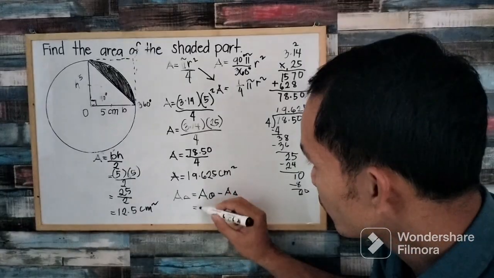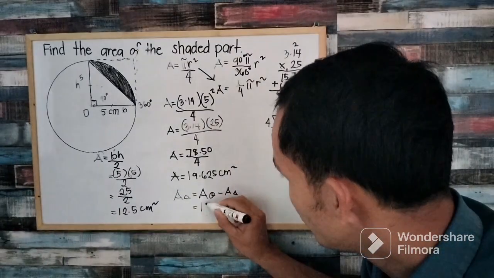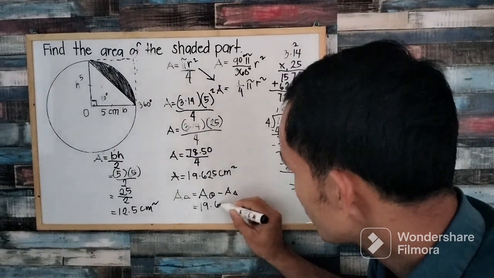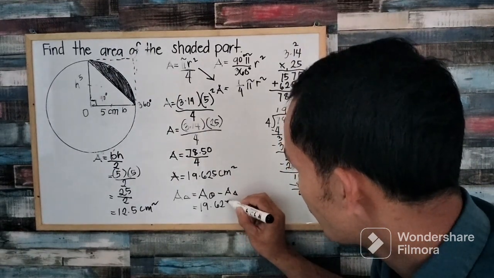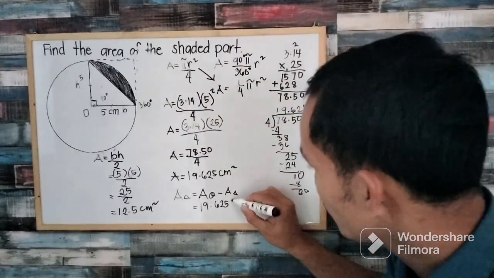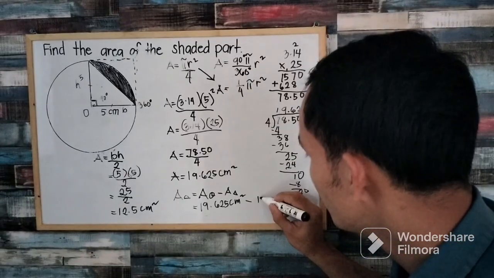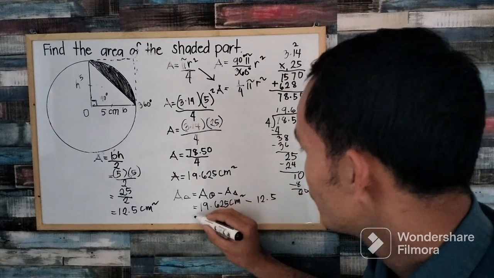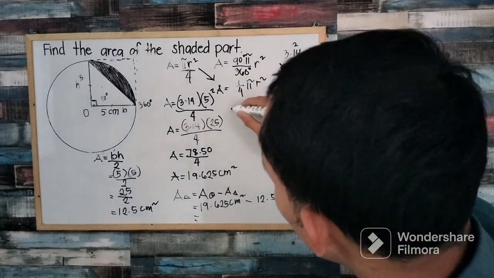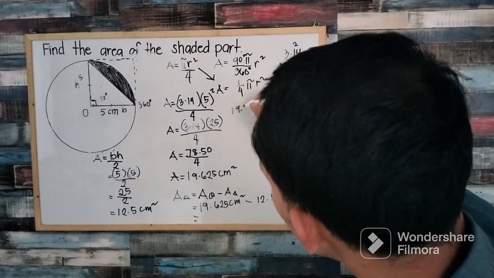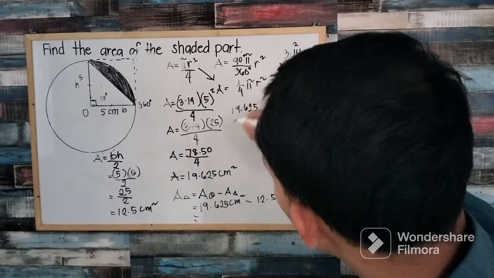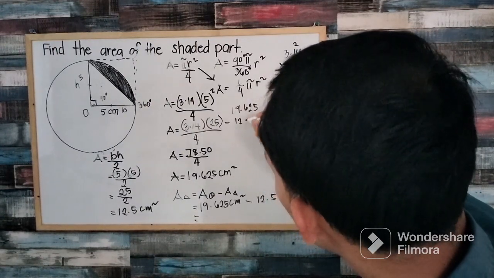So we have now the area of our quarter circle, which is equivalent to 19.625 centimeters squared minus 12.5. If you subtract that, that is 19.625 minus 12.5.